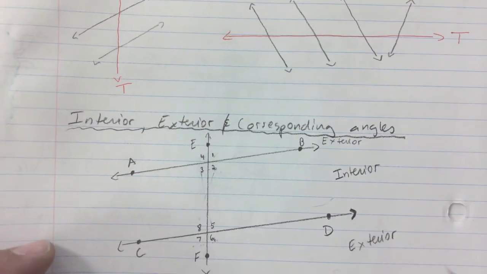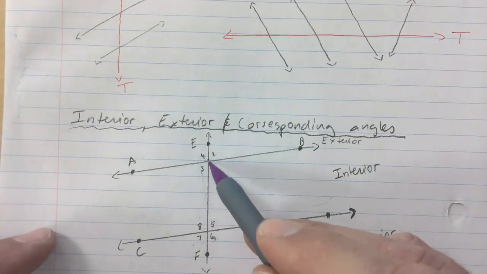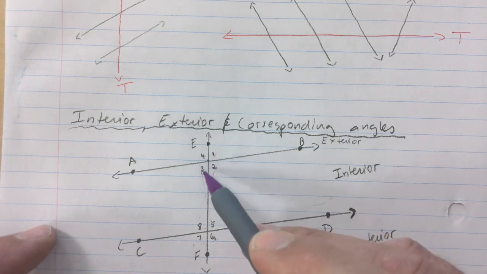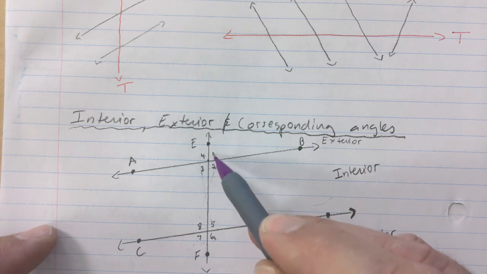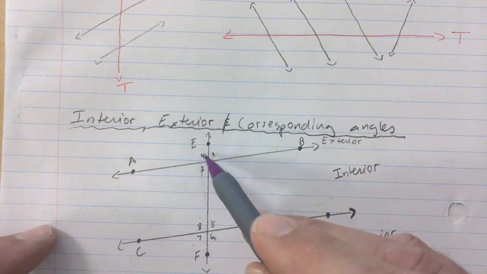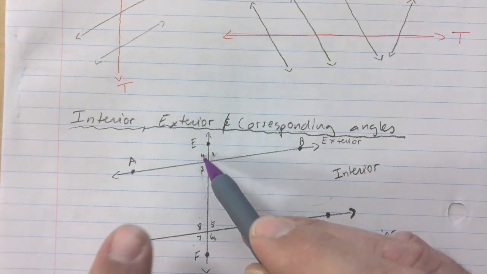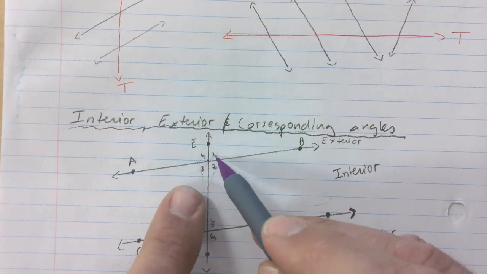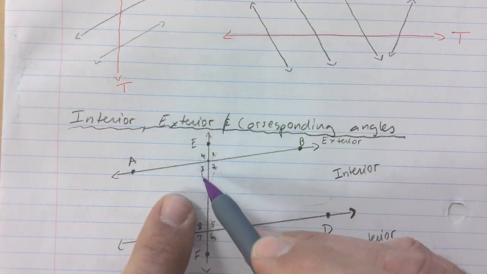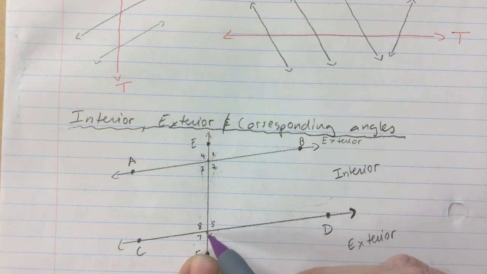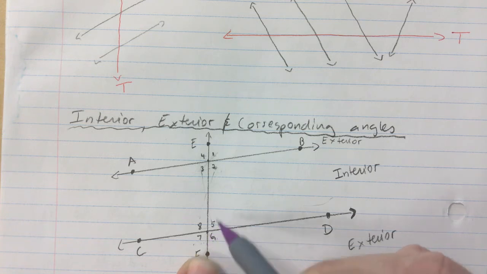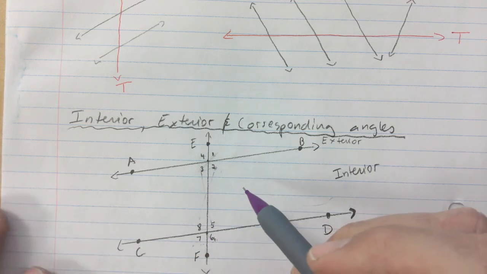So in this intersection here, you've got 1, 3, as well as 4 and 2. They make an X like that. So vertically opposite would be 2 and 4, 1 and 3. Then you move down, and there's another 2 vertically opposite pairs here. So there's 8, 6, 7, 5.